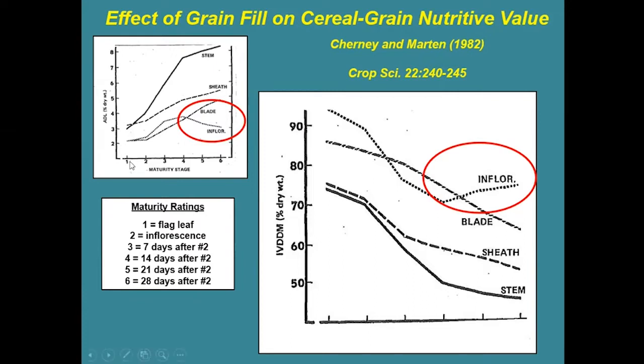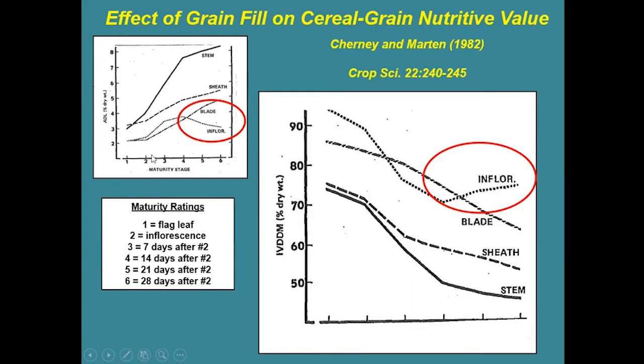And when you start to think about the quality of a plant on a whole plant basis, this is a rather consistent thing that has to be negotiated, because the relative proportions of these tissue types will influence what effect maturity has on things like overall dry matter digestibility.